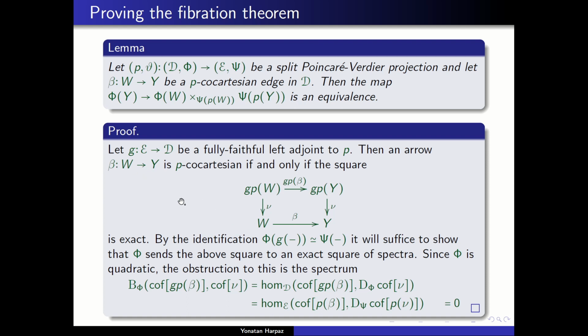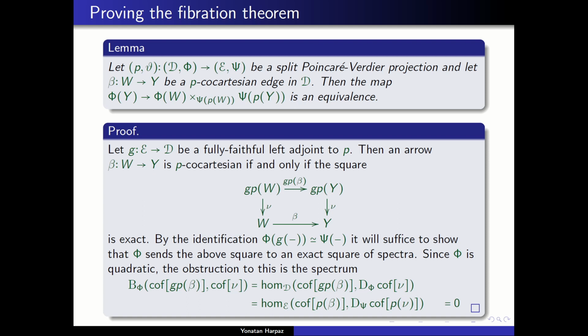An arrow beta is P co-Cartesian if and only if the commutative square that we construct using the counits of the adjunction between G and P is exact. Now, since again P theta is a split Poincaré-Verdier projection, we have an identification of the quadratic functor psi with the restriction of phi along G. It will hence suffice to show that phi sends this exact square to an exact square of spectra.